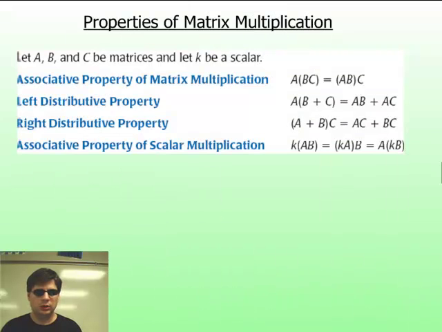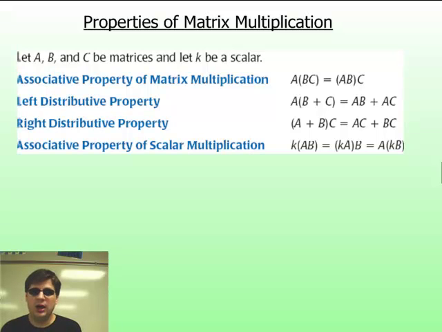So the last thing we want to look at is the properties of matrix multiplication. As you can see, the properties are more or less the same as if you were dealing with real numbers. You have the associative property of matrix multiplication, where the grouping doesn't matter. But notice that there is no commutative property.